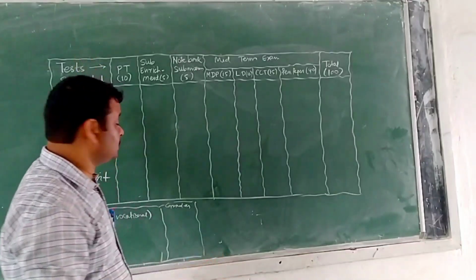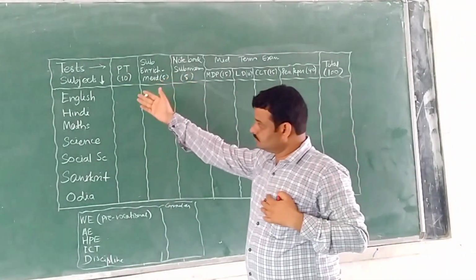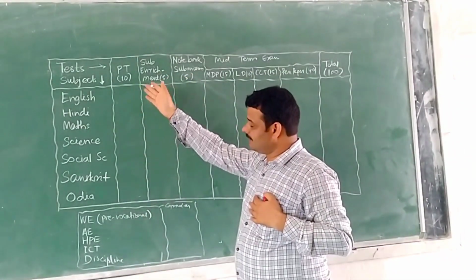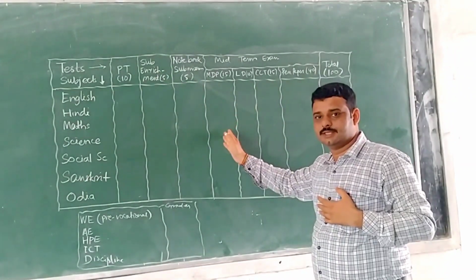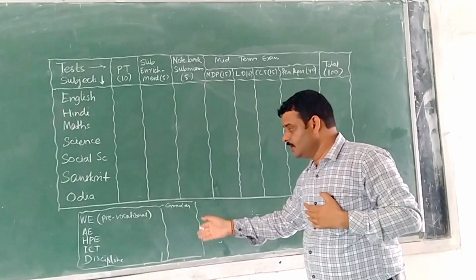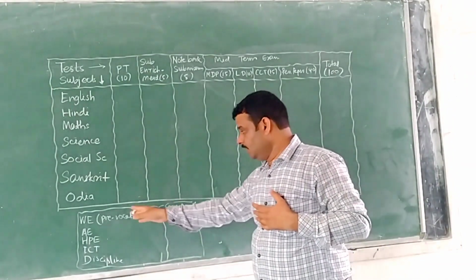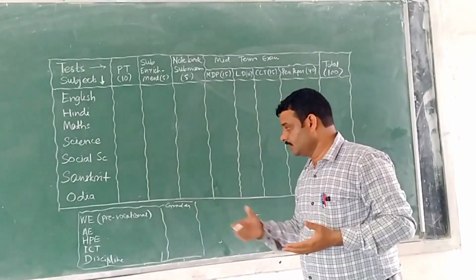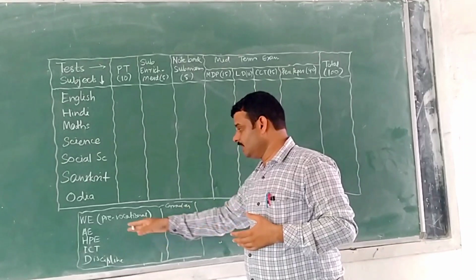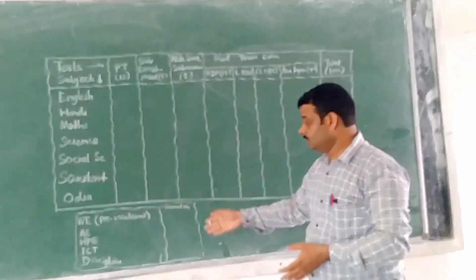So what are the subjects now? Let's look at the subjects. You have the scholastic area. The first table on the top falls under the scholastic area, and then there is the co-scholastic area. The co-scholastic area will have only grades, A, B, C, and it has work education, nowadays known as pre-vocational skills or skill training, then art education, health and physical education, ICT skills, and then discipline.